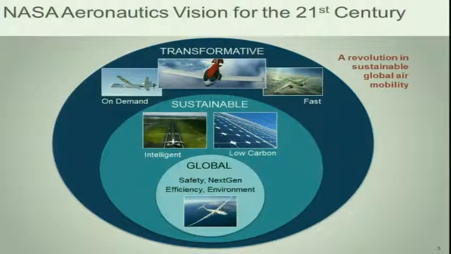So you see that the innermost circle indicates global, and it's the kind of things we're doing today in safety, in next gen, in efficiency and environment that really are those core sustaining research elements and technologies that we need to perform against to really meet the global growth that's going to occur for aviation.